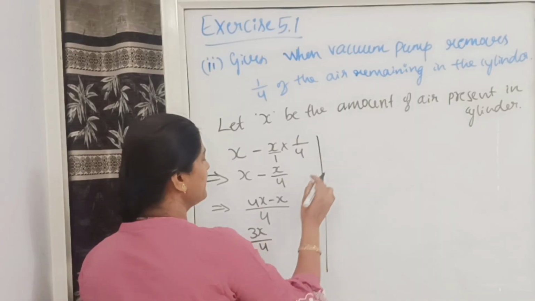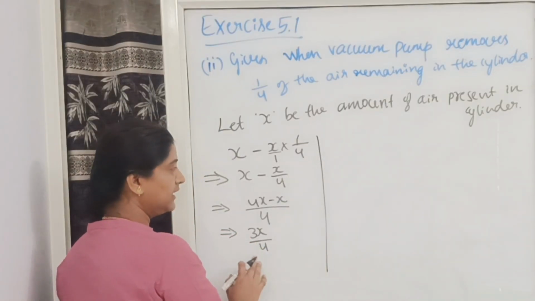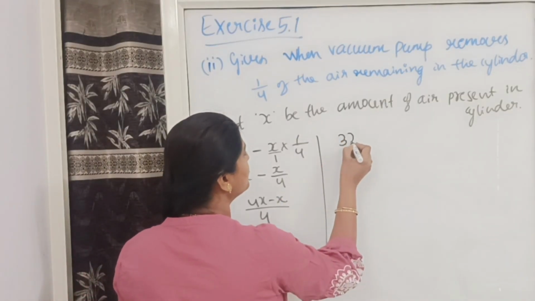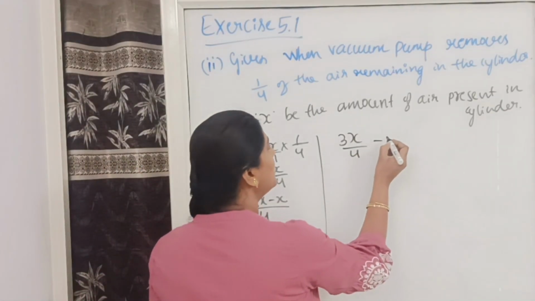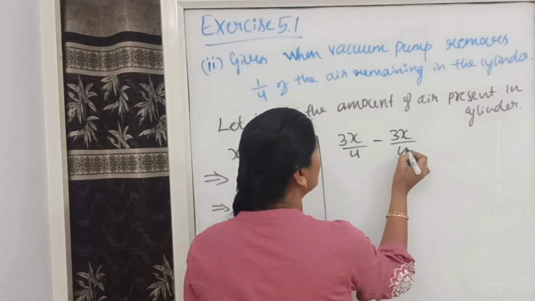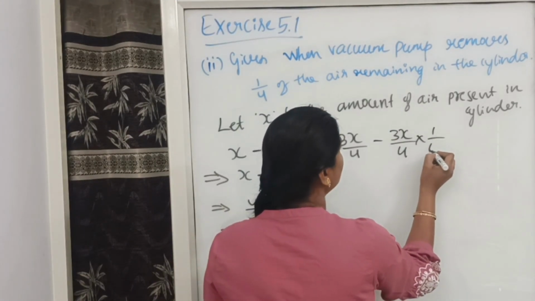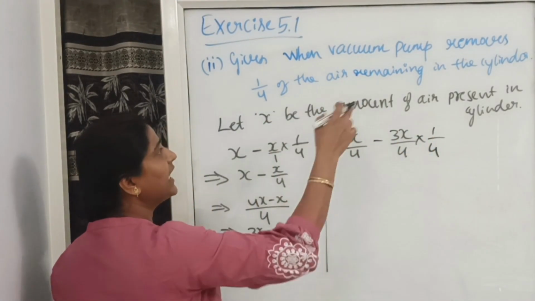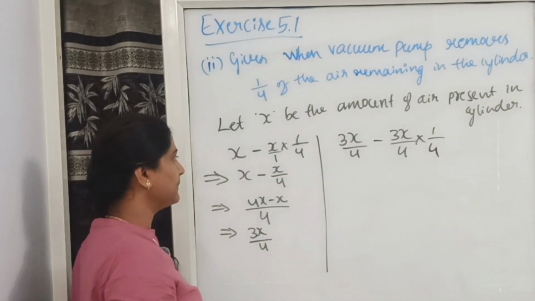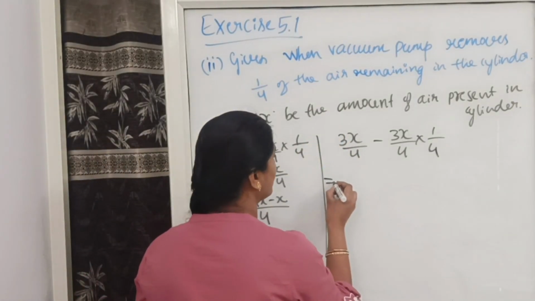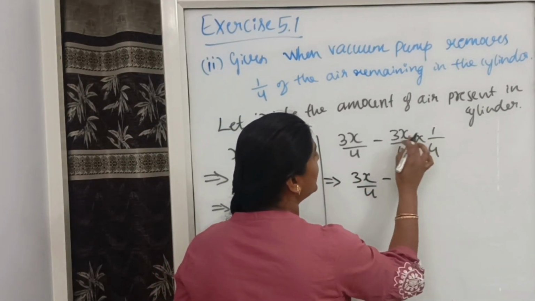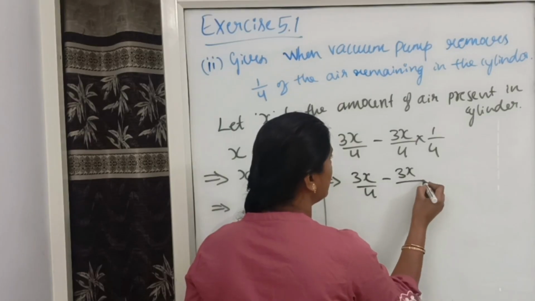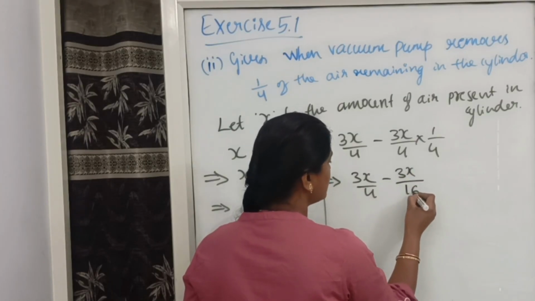And the second time, the air in the cylinder is 3x by 4. In that again they are removing 1/4 of the air remaining in the cylinder. So 3x by 4 multiplied by 1 by 4 is 3x upon 16.